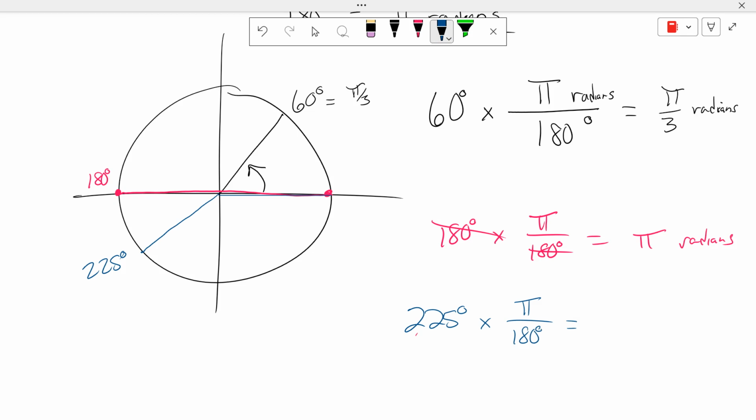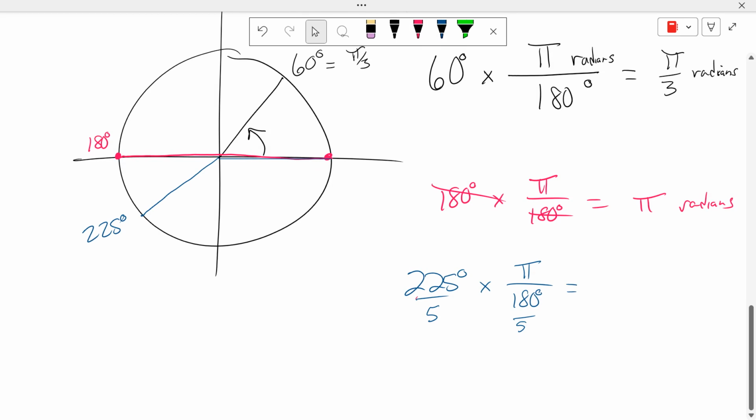Let's do a little math here. Instead of changing this into a decimal, we're going to use our brains to help figure this out. What number goes into both 225 and 180? What's the easiest number? 5 does. So if we divide these both by 5, what do I get?